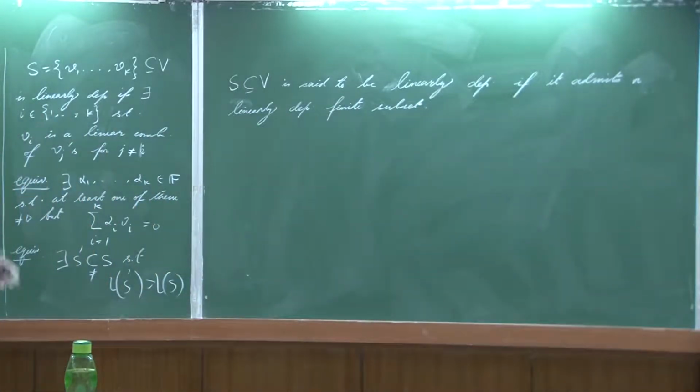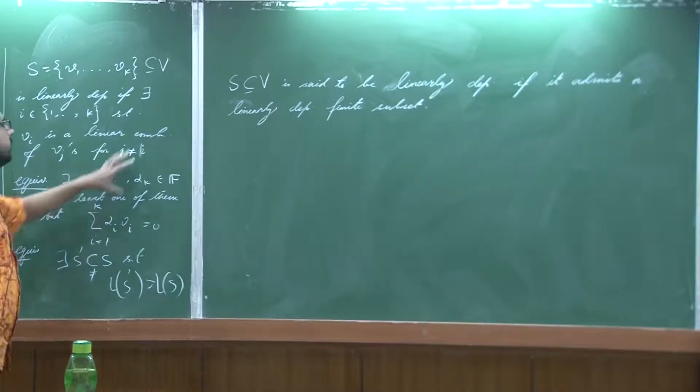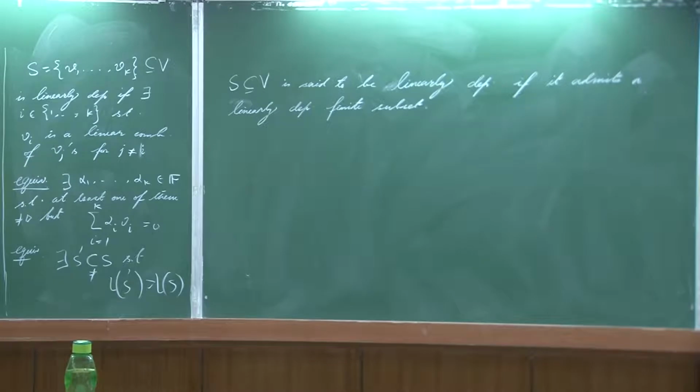So, the definition goes as follows: for finite sets we define the notion of linear dependence, and for a general set the definition is made in terms of finite subsets contained in it.